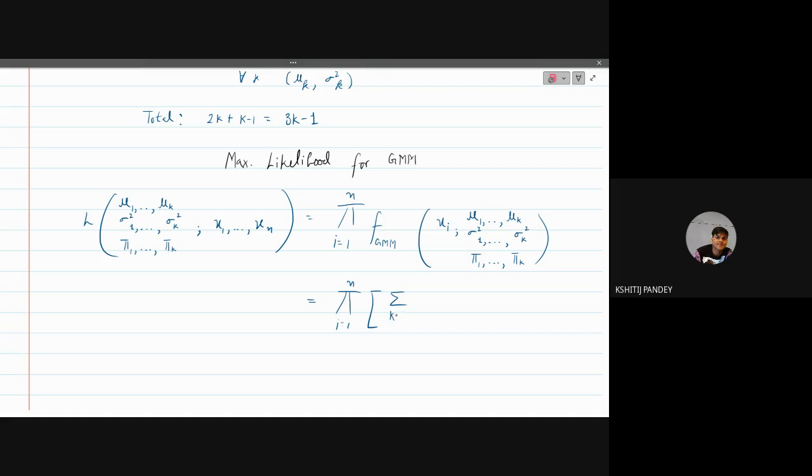So summation over k from 1 to k, as it can come from k mixtures with some probability, and after that for each you multiply with their corresponding density, xi being generated from their density.